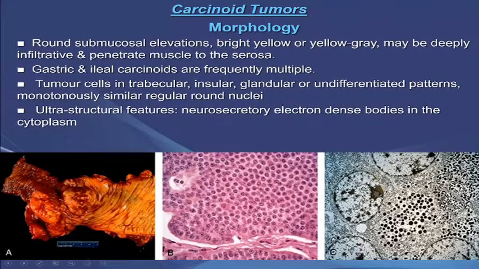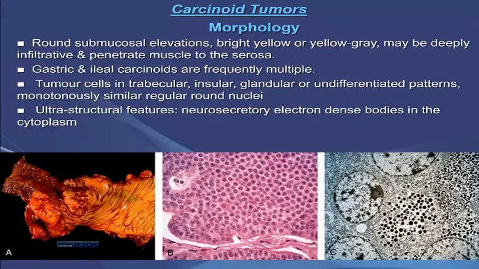You have these neurosecretory electron-dense bodies in the cytoplasm, evidence of their differentiation as neurosecretory cells. They are round submucosal elevations, bright yellow or yellow-gray in color. Here in this photomicrograph, they are bright yellow, maybe deeply infiltrative, and penetrate the muscle to the serosa.